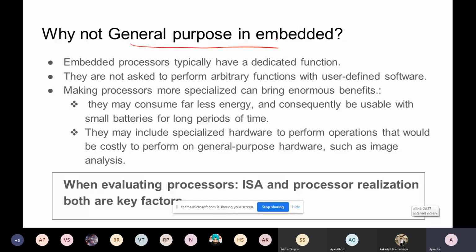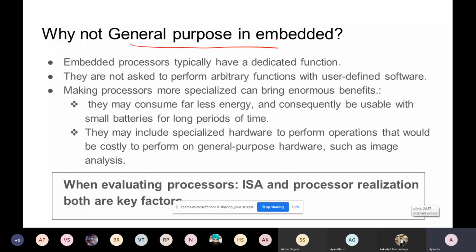So considering all this, it is not always that we choose general purpose processing in embedded scenarios. But it is not true that we can never choose general purpose processing for the embedded domain.